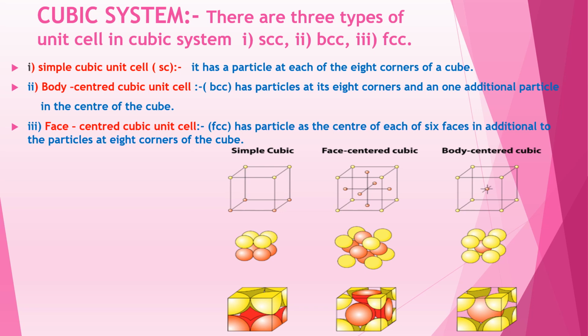Simple: 8 corners, 8 particles, each 1/8, so 1/8 into 8 is equal to 1 particle. Body-centered: 1 center particle plus the 8 corners, 1 plus 1 is equal to 2 particles. Face-centered: 1/2 into 6 plus 1 is equal to 4 particles present in the FCC.